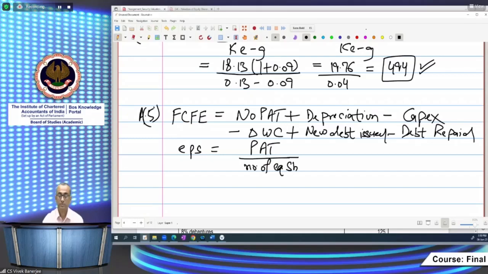Profit after tax, net profit of the company is given, 290 crore rupees, divided by the number of shares. Now, in the question, number of shares is not given.